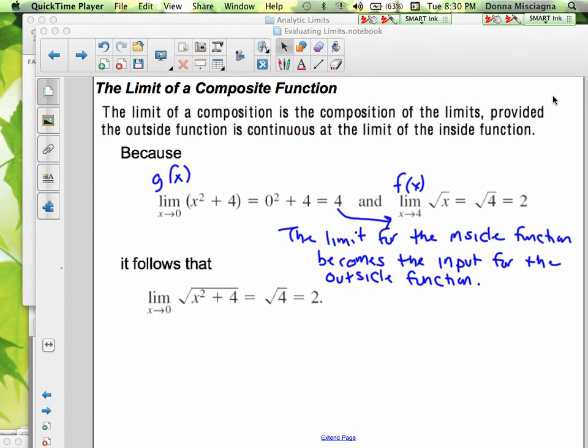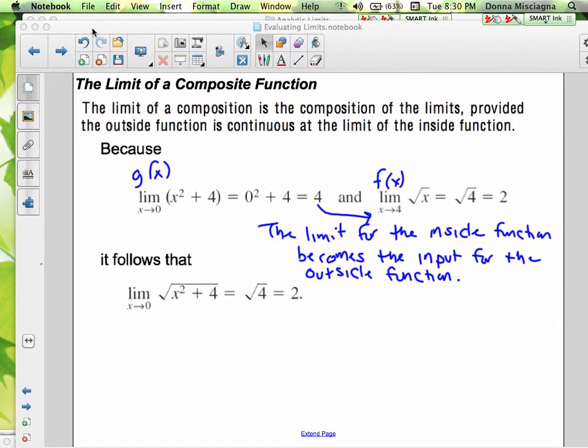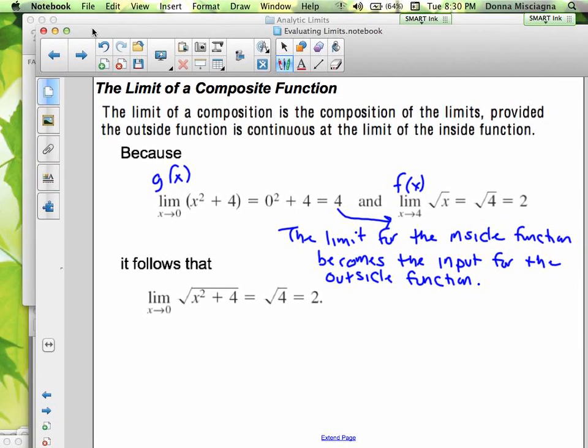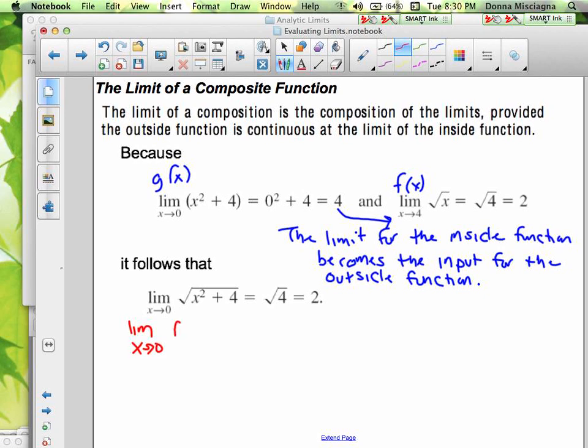The limit of our composite function, the limit as x approaches 0 of f of g of x, is going to be equal to 2. And let's check. We would have 0 squared plus 4, which is the square root of 4, or 2.